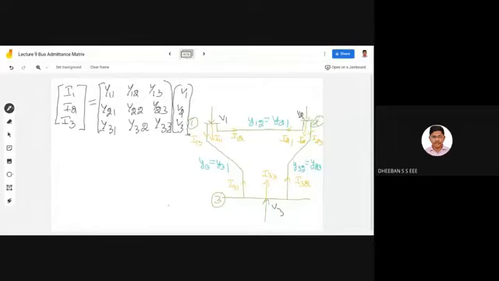From 3 equations with 3 unknowns, you can form the matrix equation in this format.